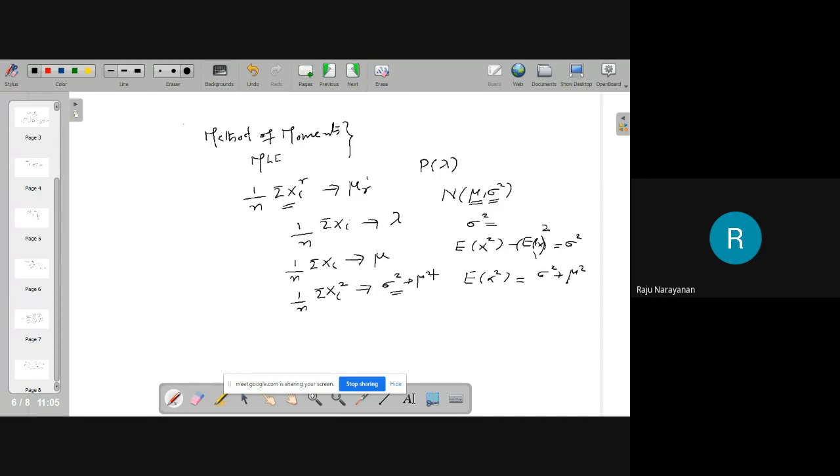Suppose there are three parameters, then you need three relations, provided these moments contain the parameters. I will give you another example where these moments do not contain parameters.